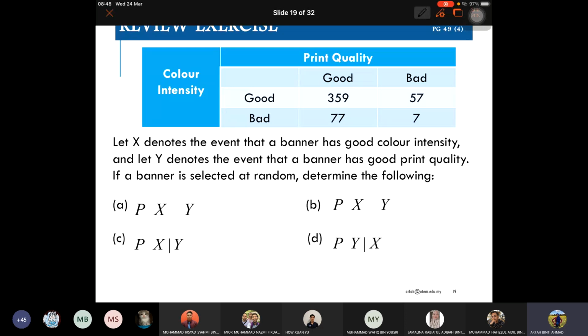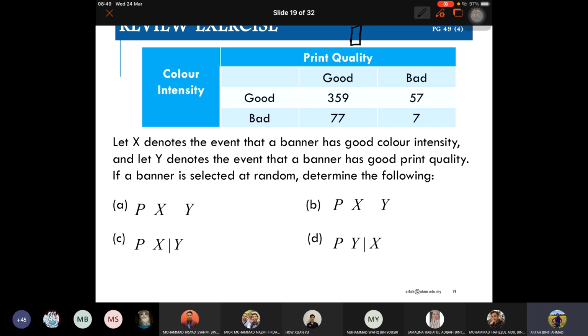Dia kata for this case awak ada banner. Okay. Let X denote the event that a banner has good color intensity and let Y denote the event that a banner has good print quality. So if a banner is selected at random, determine the following. Maksudnya awak nak buat satu banner. Katakanlah bila kau nak kahwin nanti kau nak buat banner dekat depan rumah, nak tampal.